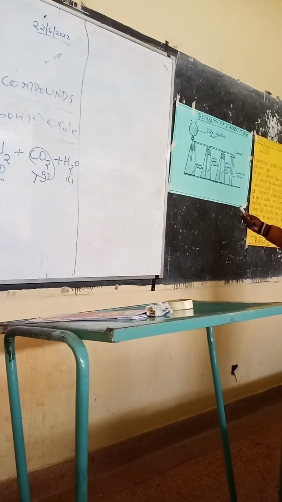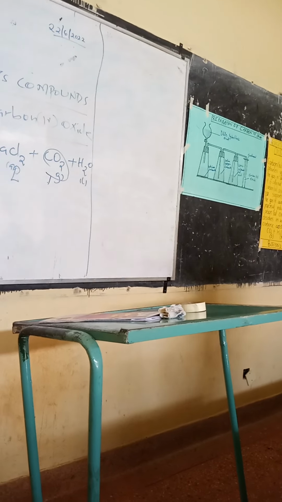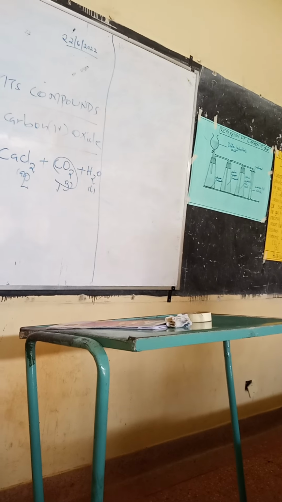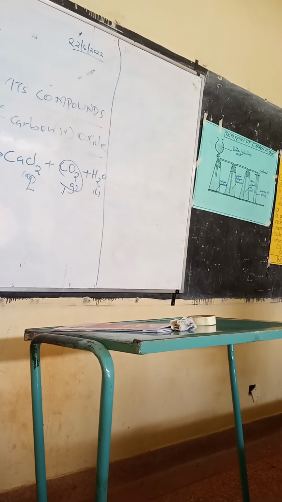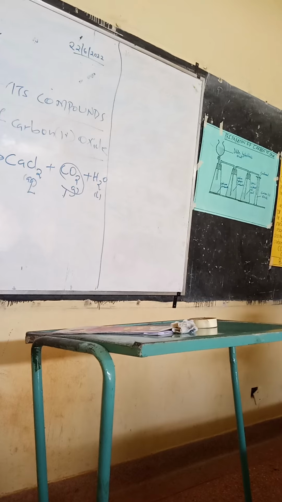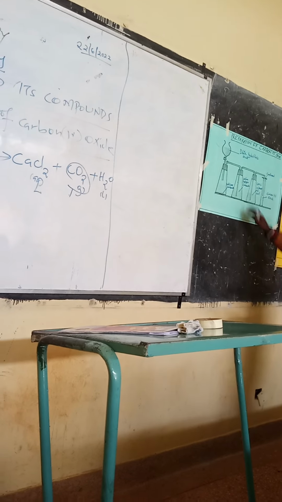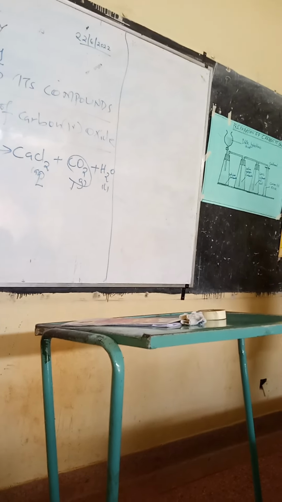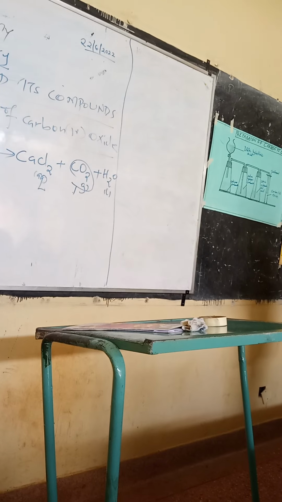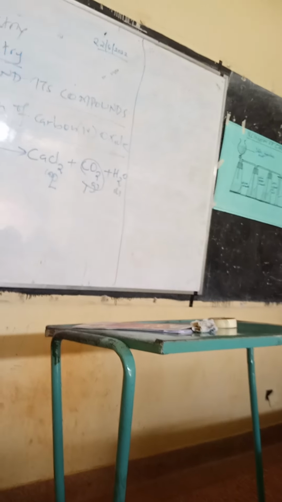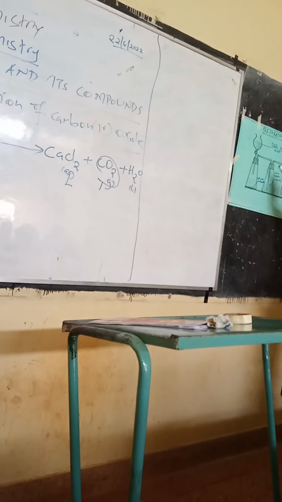Is it to dry the carbon dioxide, class? Not really. Any other trial? So in this case, the work of sodium hydrogen carbonate is to remove the traces of unreacted dilute hydrochloric acid.